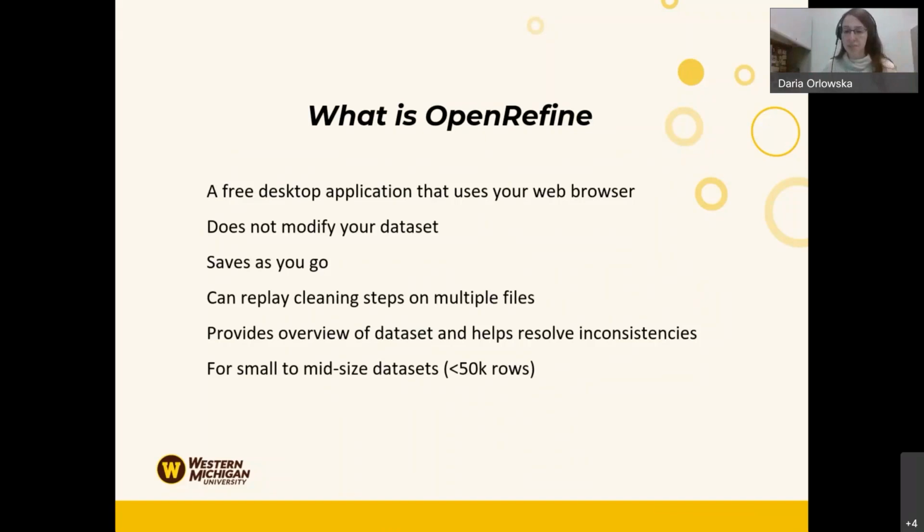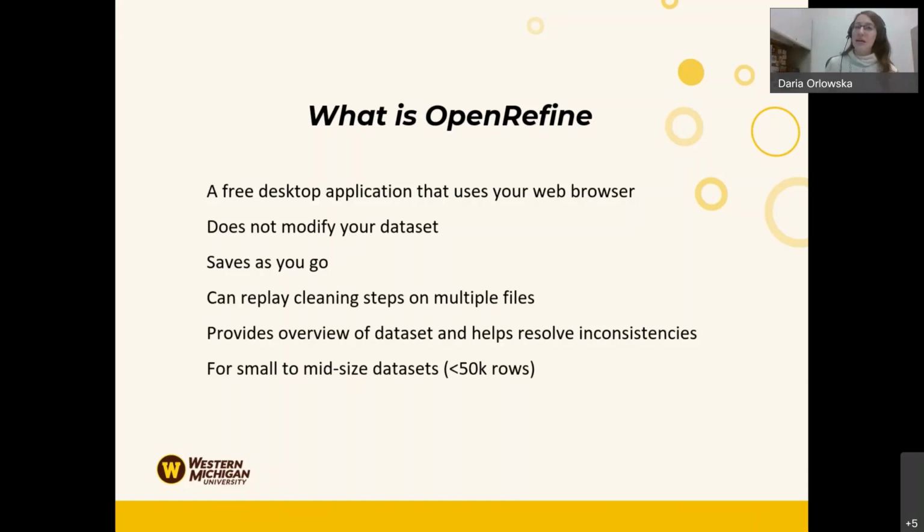The program's interface provides an easy way to find and resolve inconsistencies, such as typos or numbers falling outside of a range. Personally, I have found that OpenRefine works best for me when working with small to mid-sized data sets. I typically say less than 50,000 rows.